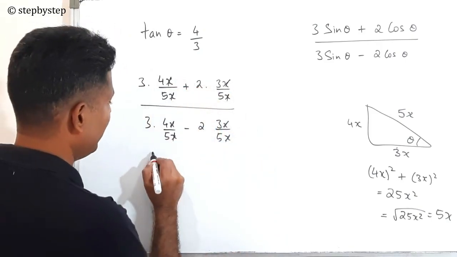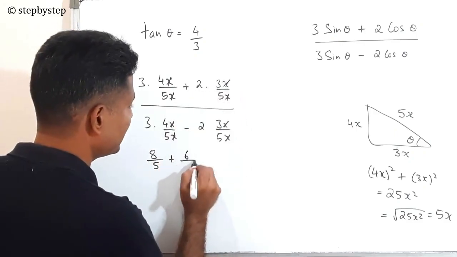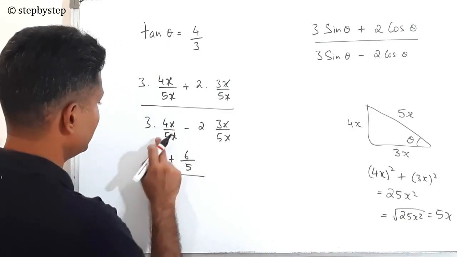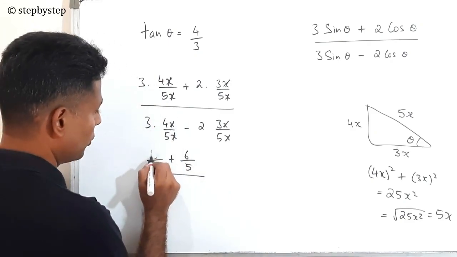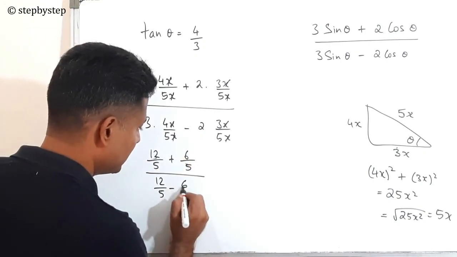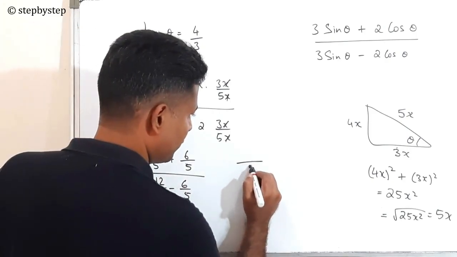Now 2 into 4 by 5 we get 8 by 5, plus 2 into 3 by 5 we get 6 by 5, whole by again, this is not 8, 3 4s are 12, so 12 by 5 here, minus 6 by 5. Now denominators are the same, so LCM is 5 itself.